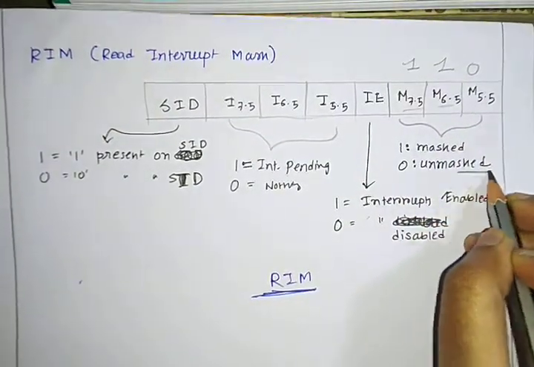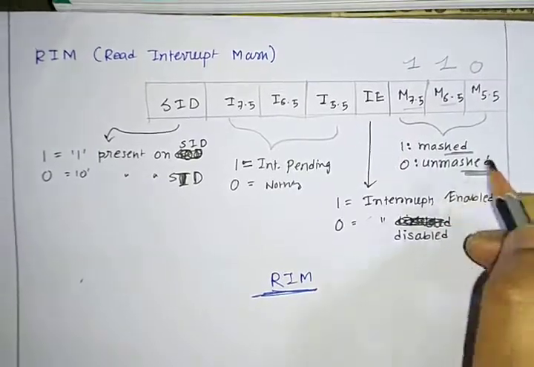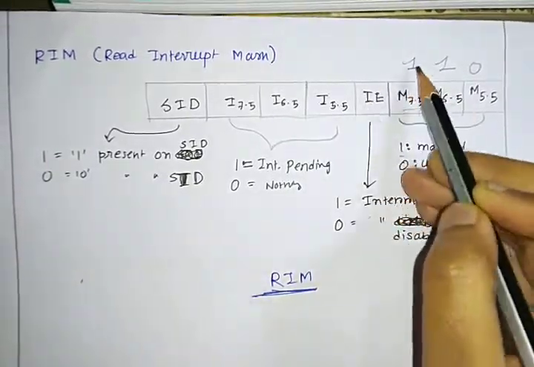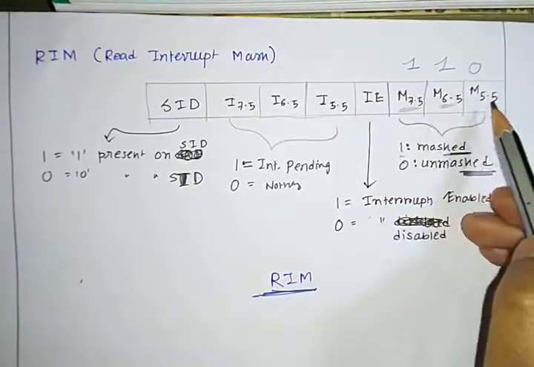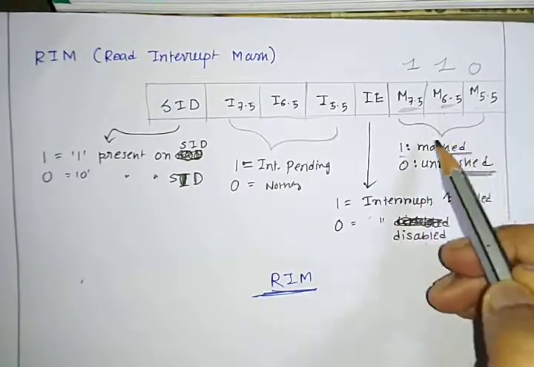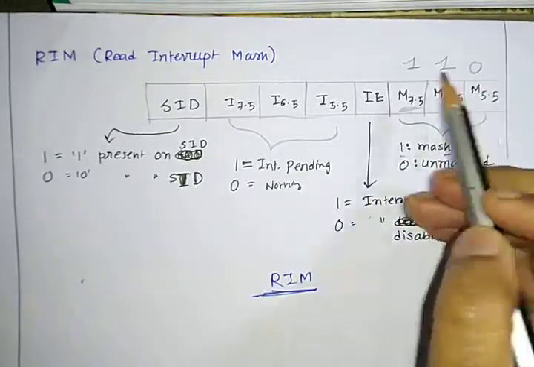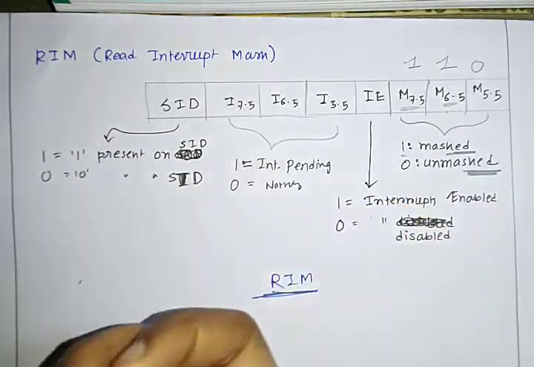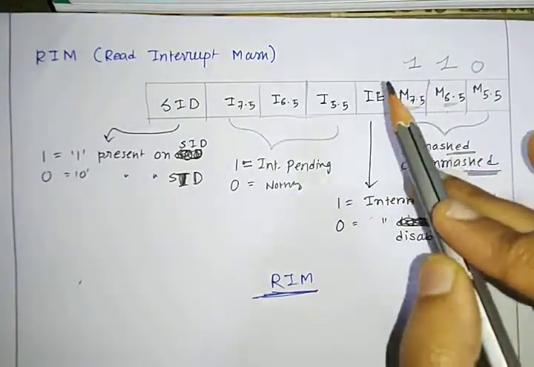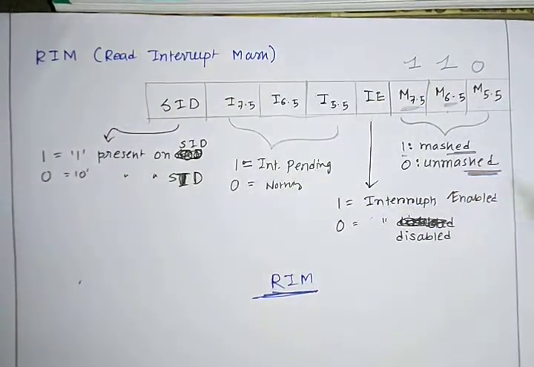So just focus on this word, masked. This is just showing you the result, and this is a passive instruction that will not affect your MPU. This is just showing you whatever task you have already done.